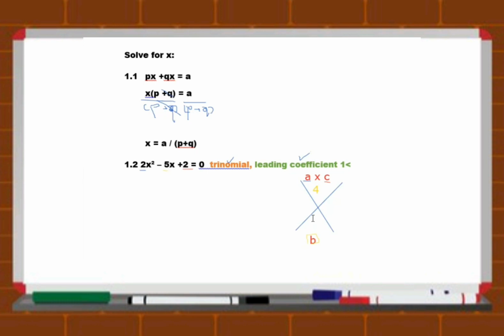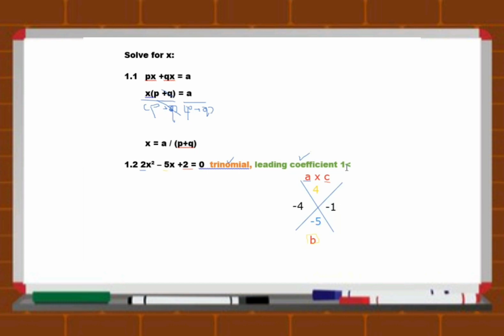Let me change the color also. What are the factors of 4 such that you will get minus 5? It is negative 4 and negative 1. So a times c gives you 4, and the factors of this, minus 4 and minus 1, will give you minus 5.